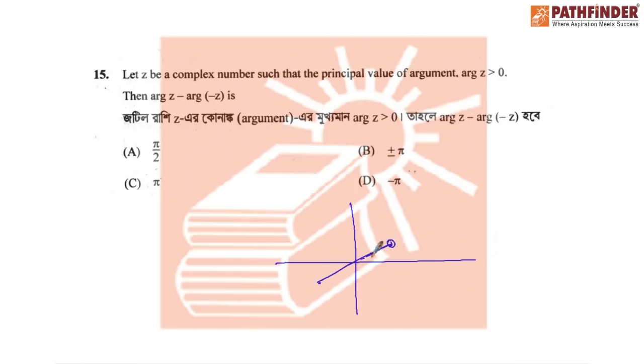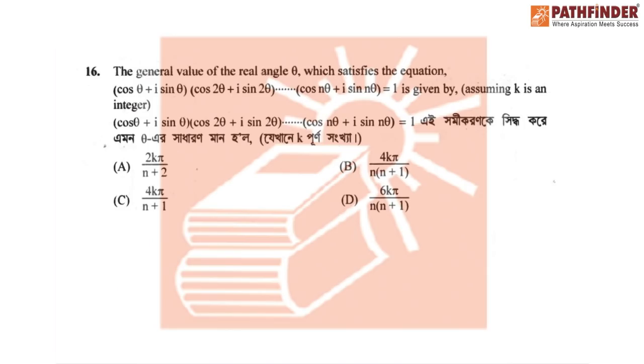So if this angle is theta, then this argument must be minus pi plus theta. So argument of z minus argument of minus z is equal to theta minus pi plus theta, which is equal to pi, given in option C.